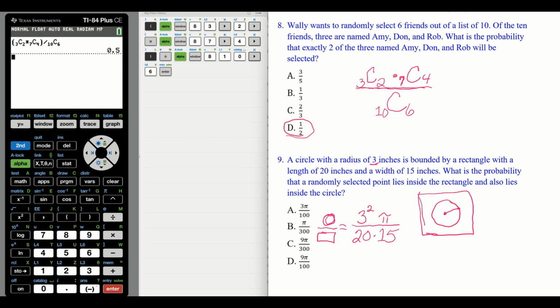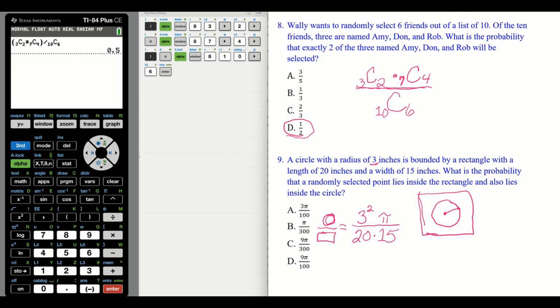Well, I can already see some things that can be eliminated, and we need to keep it in terms of pi. Okay, so let's see what we're working with. Well, let's exclude pi so we can get a fraction input. We can just multiply pi back in.